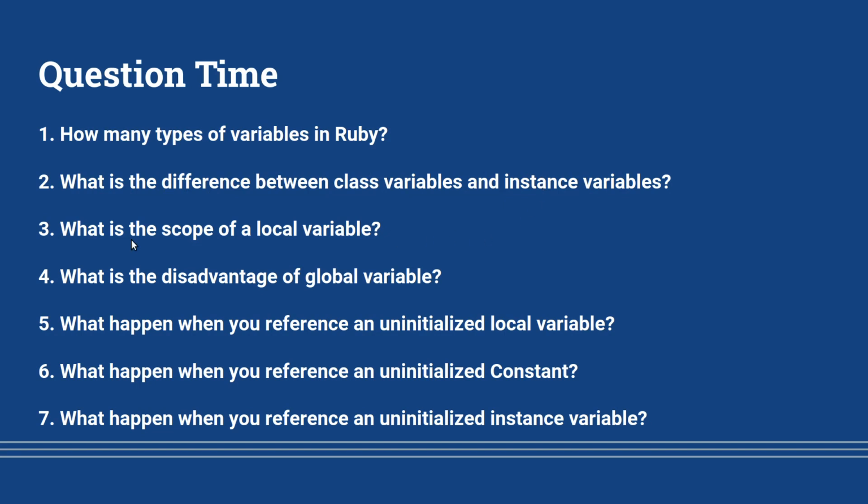We also saw that. What is the scope of a local variable? We just understood that the scope of a local variable is limited to its defined block. And what is the disadvantage of a global variable? We discussed that, and you can investigate this on your end as well.